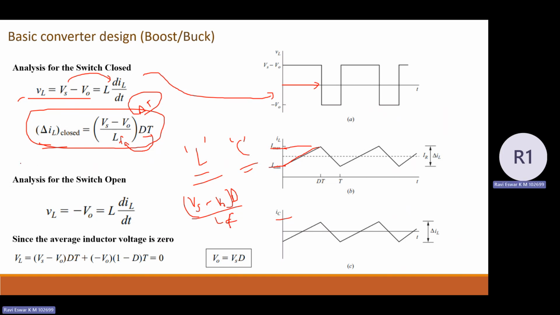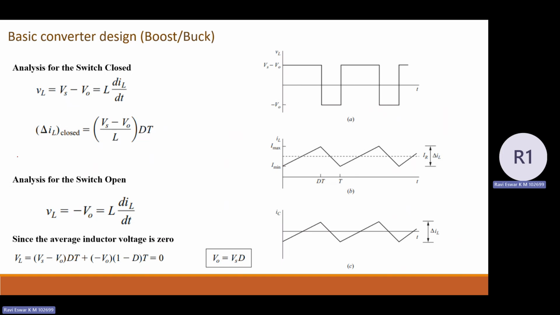So from this, the user is going to specify the ripple current value, the input voltage, the output voltage, and the switching frequency required. From the output voltage and input voltage relation you can calculate the duty.